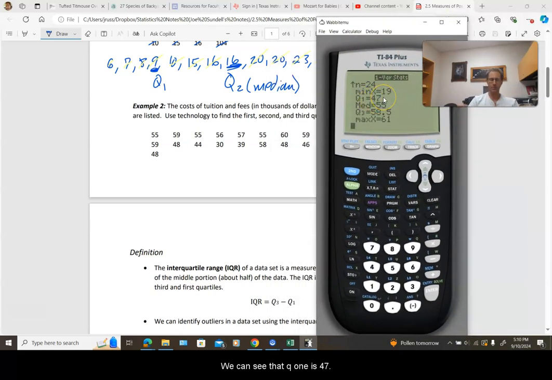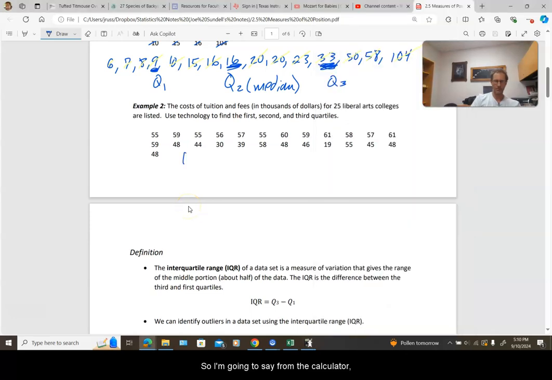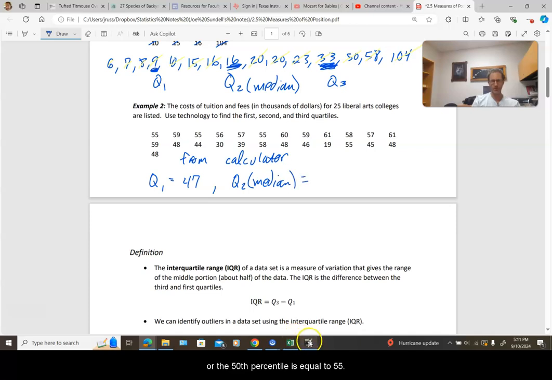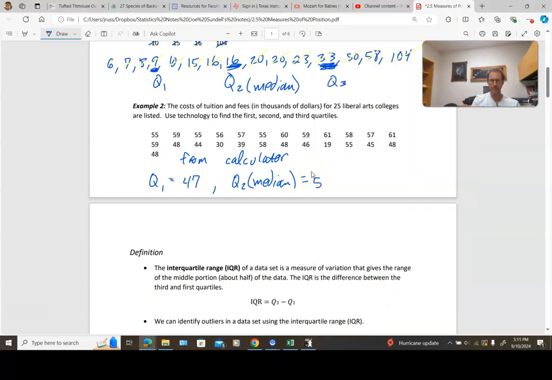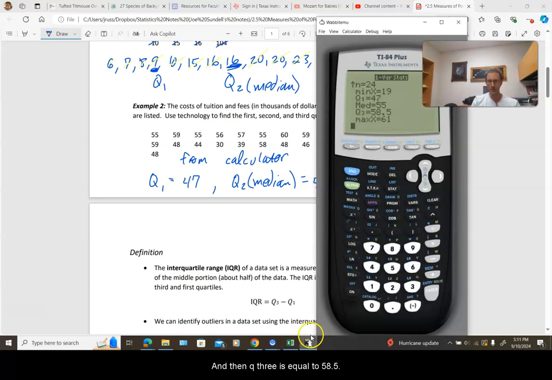We can see that Q1 is 47, so I'm going to say from the calculator, Q1 is equal to 47, Q2, which is the same as the median, or the 50th percentile, is equal to 55, and then Q3 is equal to 58.5.